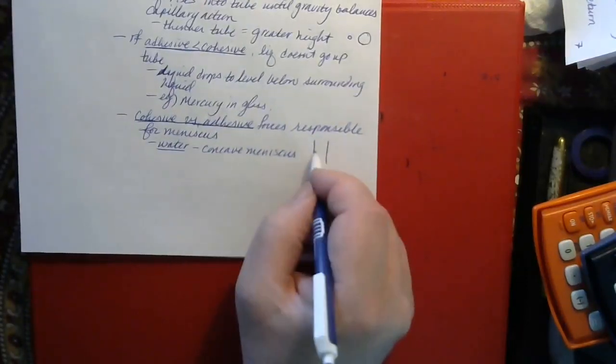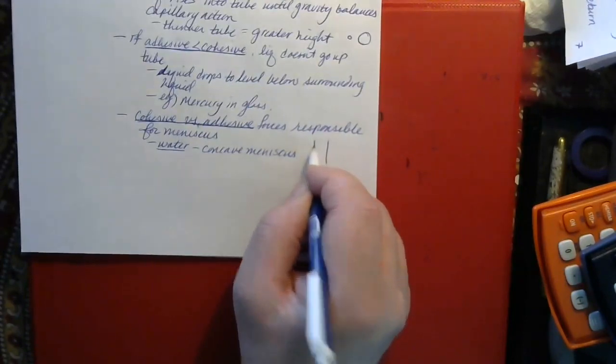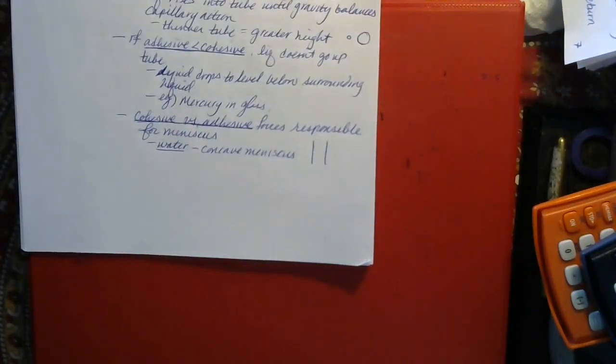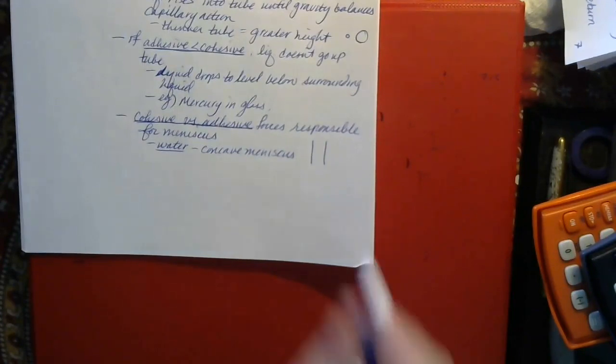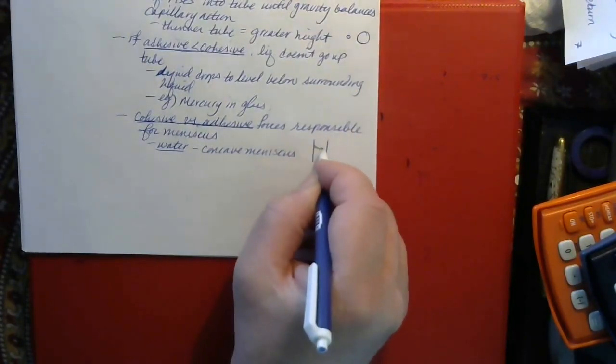And what that means is, as you're looking at a burette or a capillary tube or graduated cylinder, the surface of the water looks like this.